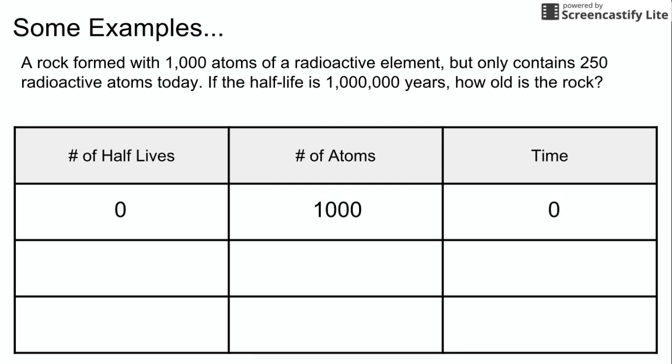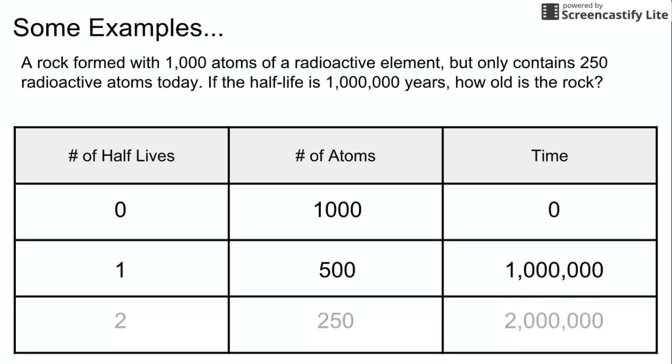We're starting off with 0 half-lives, no time has passed, and we're starting out with 1,000 atoms. Half of 1,000 is 500, so we fill out 500 now. Since the half-life is 1 million years, in the time column we add a million since it's only been 1 half-life.